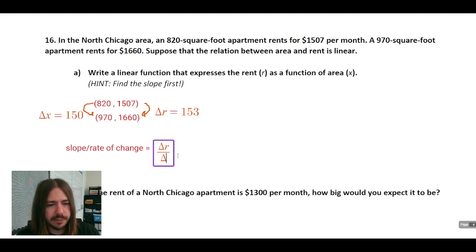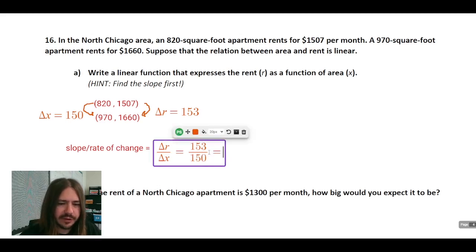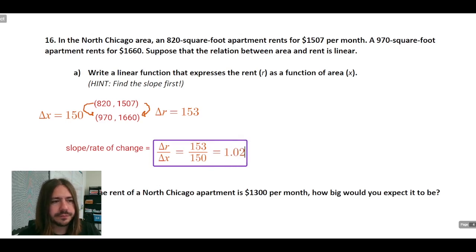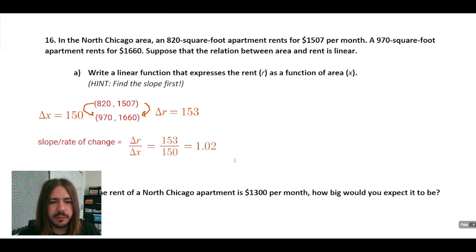And then my change in my independent variable x is going to go on the bottom. So it's going to be 153 over 150. Okay, and that might be worth throwing in the calculator because that fraction doesn't look too friendly. I'm going to put that in. It's 1.02. Yeah, we're going to get some decimals here.